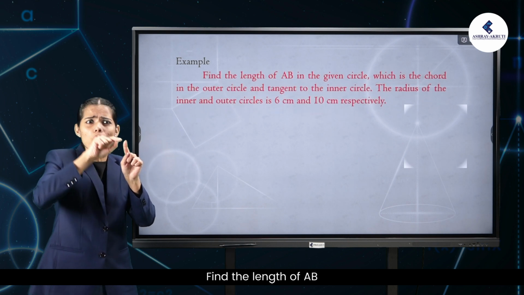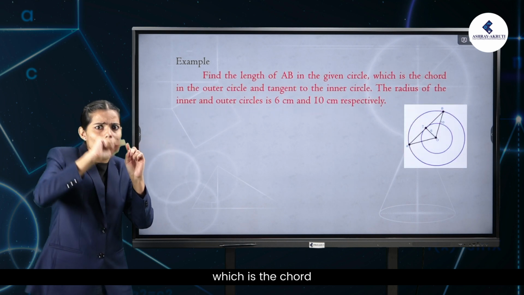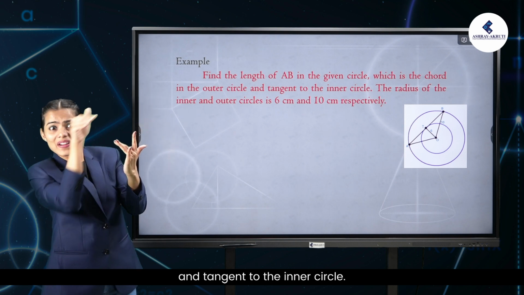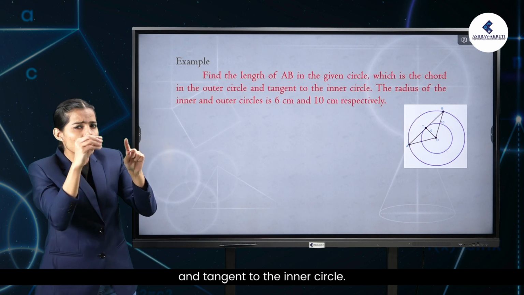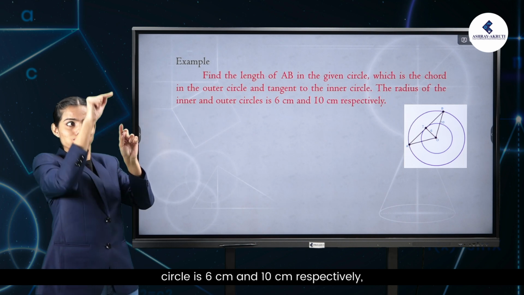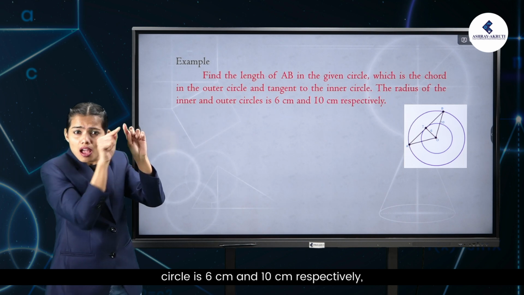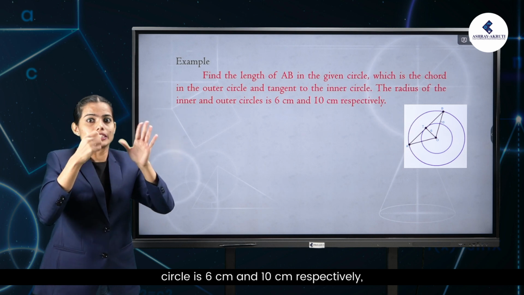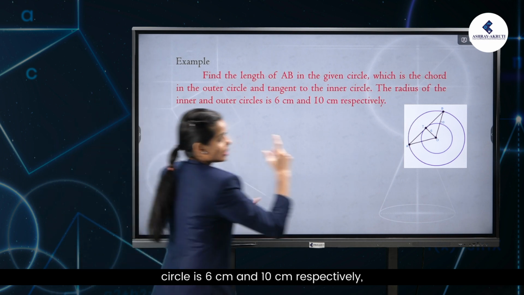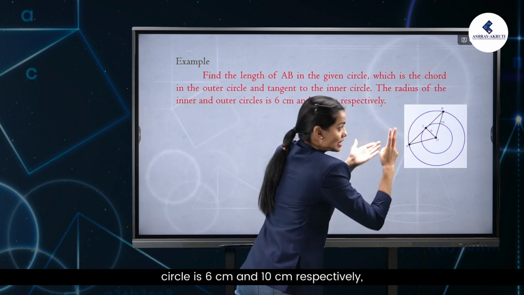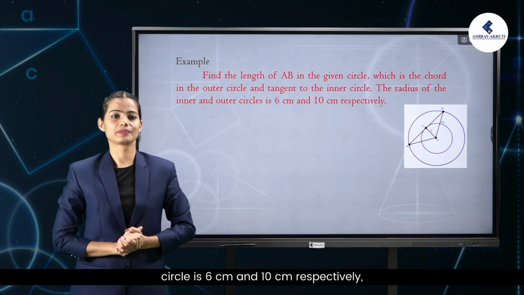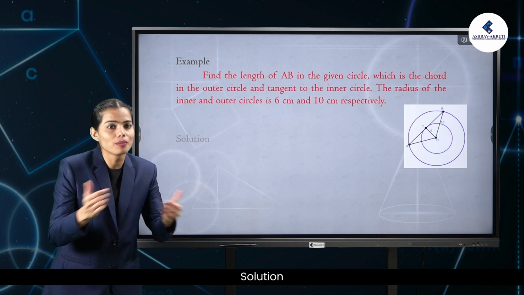Find the length of AB in the given circle, which is the chord in the outer circle and tangent to the inner circle. The radius of the inner and outer circle is 6 cm and 10 cm respectively. Solution.